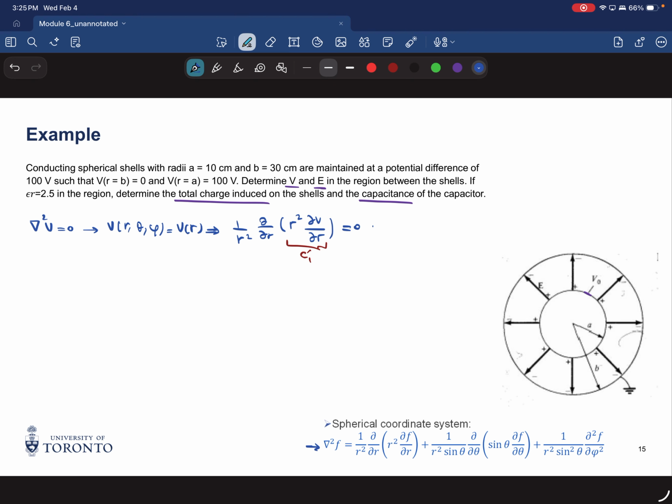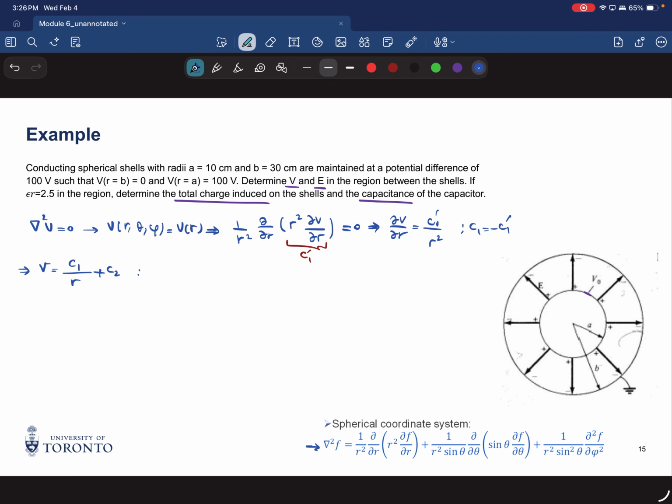And then that would mean that the derivative of V with respect to R is C1 prime over R squared. So now if I want to find V, that would be C1 over R. I'm just ignoring the minus here. If you want, you can include it. But C1 is minus C1 prime, let's say. V is C1 over R plus C2. I'm just introducing a new variable.